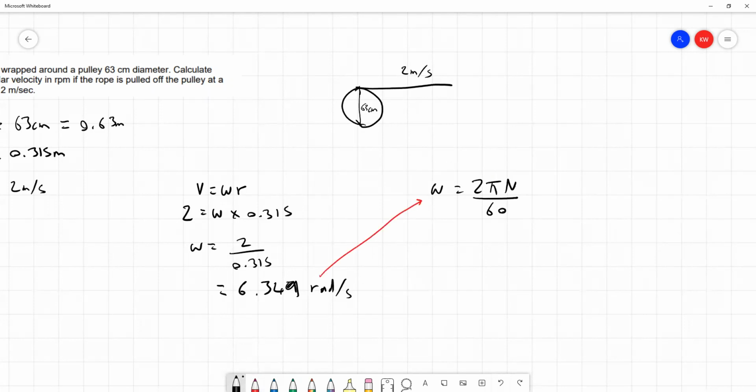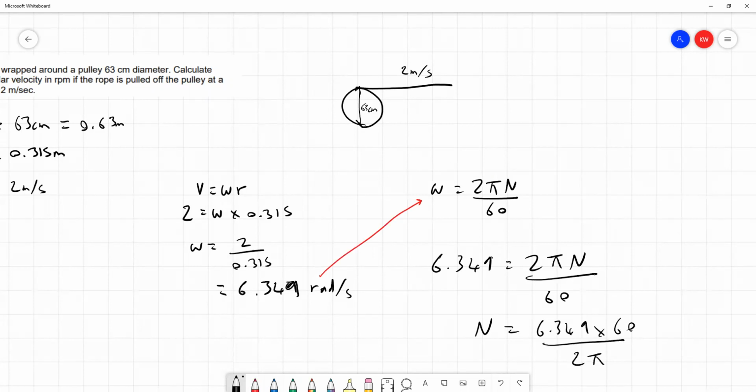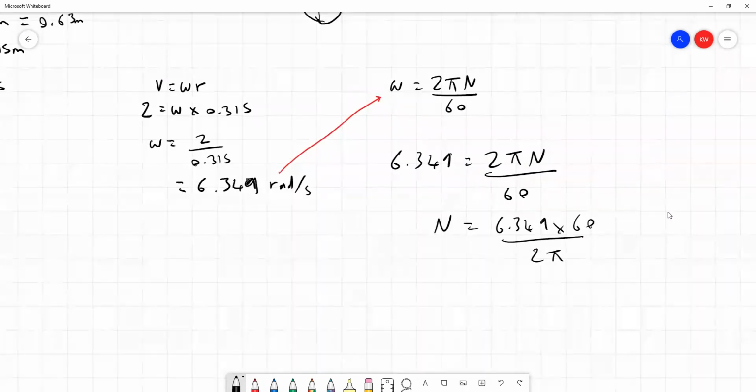So if we have a look at this, we get 6.349 is equal to 2 pi n divided by 60, and so n is equal to 6.349 times 60 divided by 2 pi, and that gives us our angular velocity in revs per minute, and that works out, when we put it into our calculator, as 60.6 RPM, and that's what we needed to solve for that question.